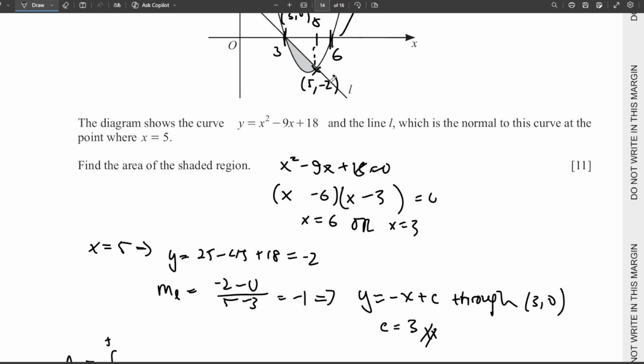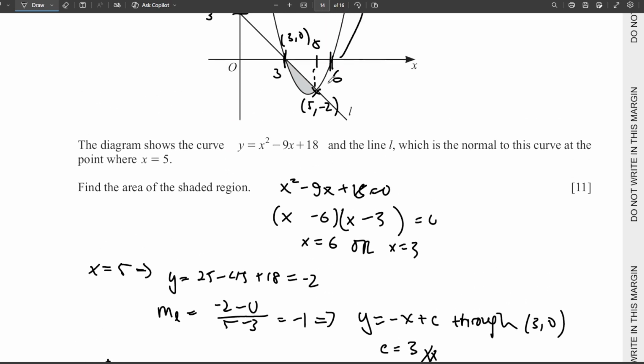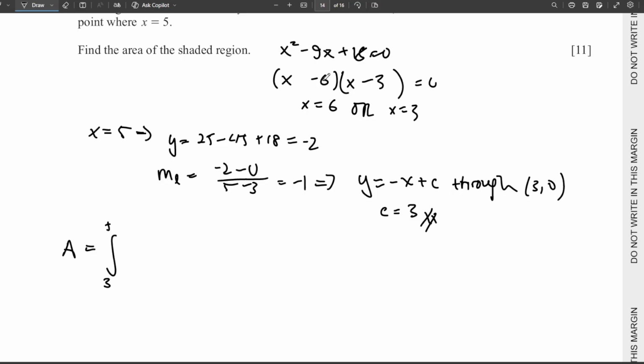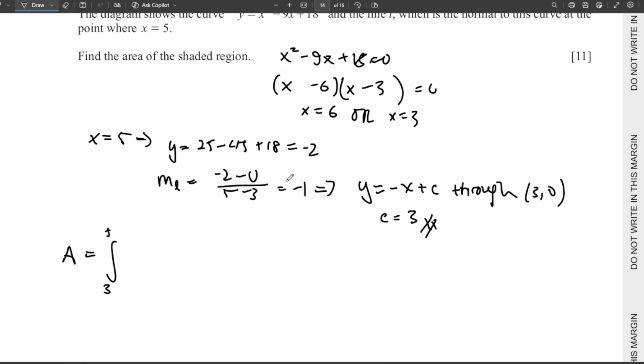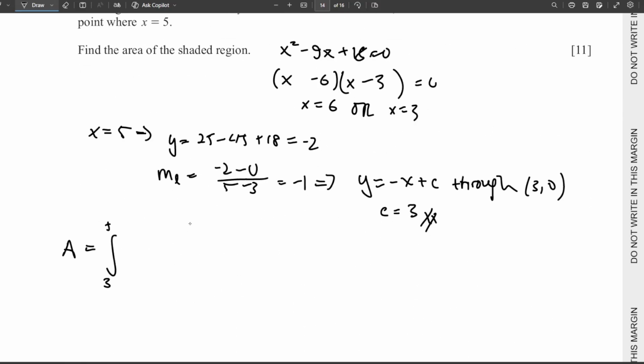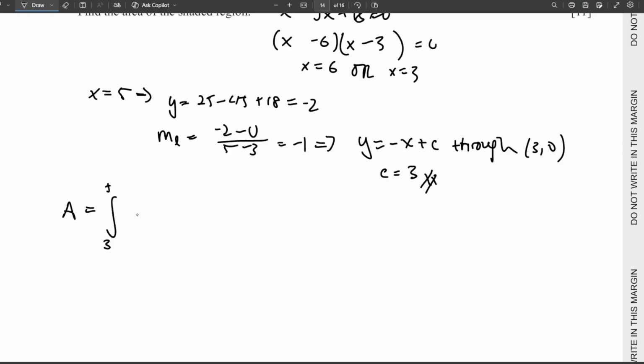Later you'll see why that's not really important after we do the integration. But let's do the top one minus the bottom one. So L is -x + 3, then we minus the quadratic, x² - 9x + 18. So this whole thing we integrate.